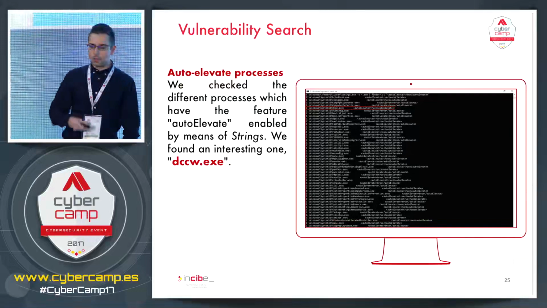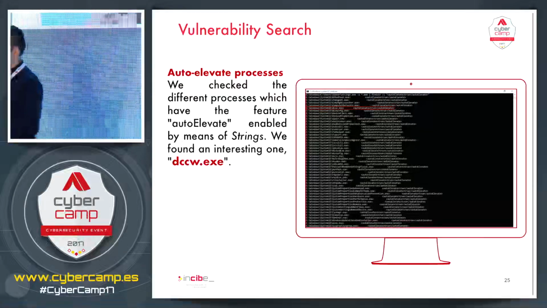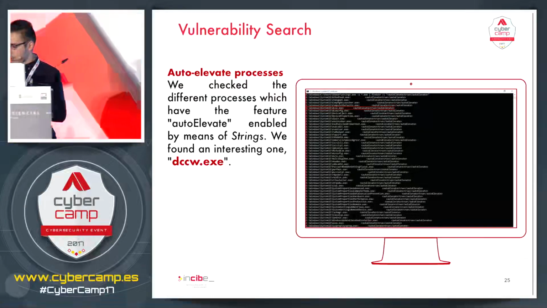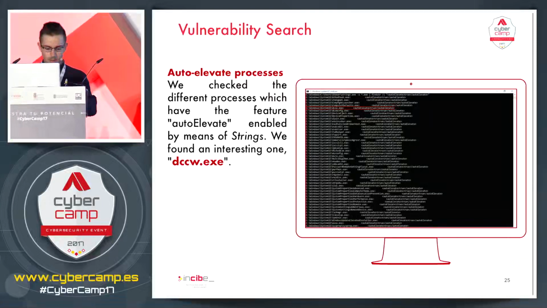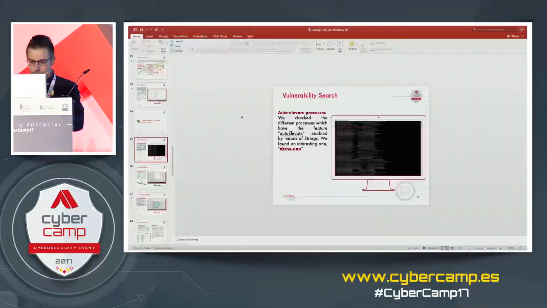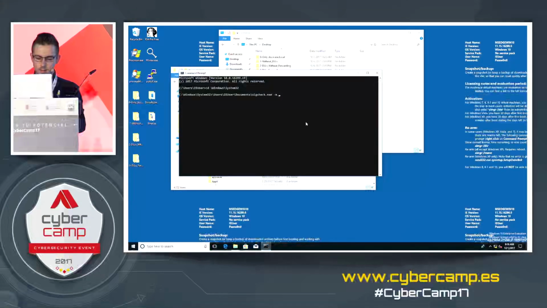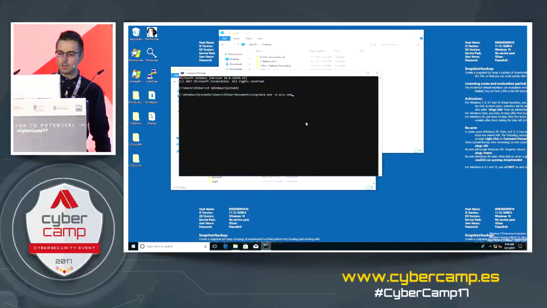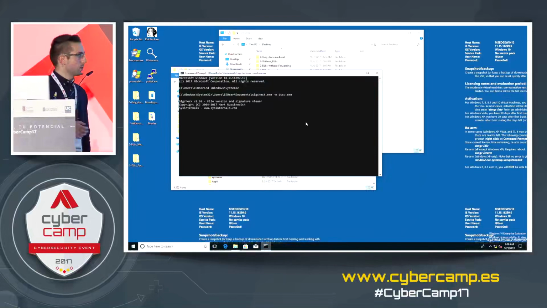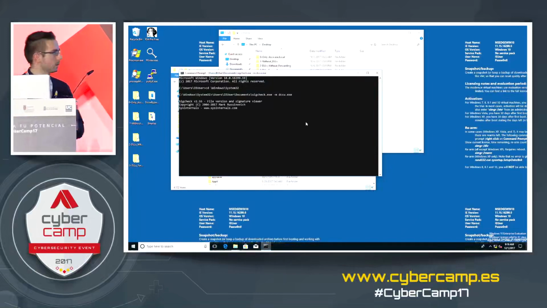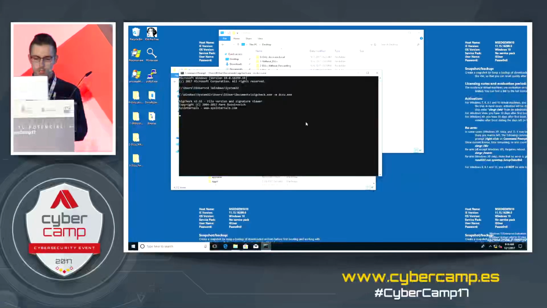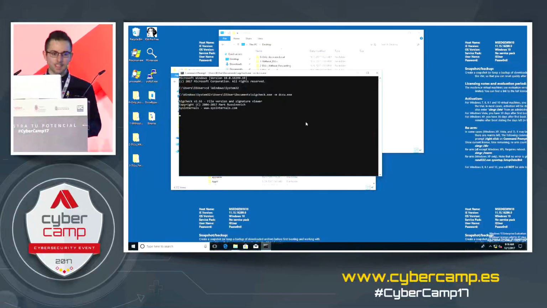Then I ran all the processes and checked the execution flow for each of them. So now we are going to see it more visually. The first thing we're going to do is take a look at the manifest of the auto-elevate process in order to check that this is a process that grants rights.